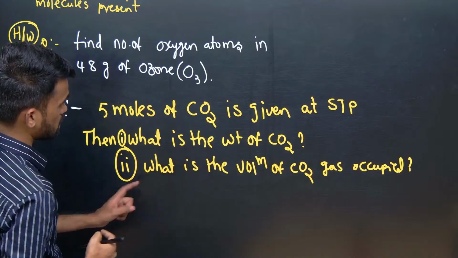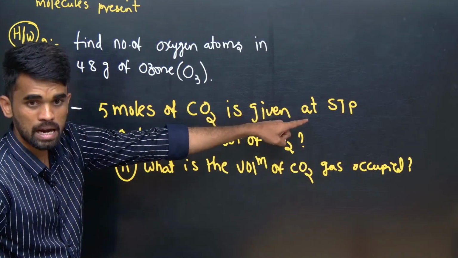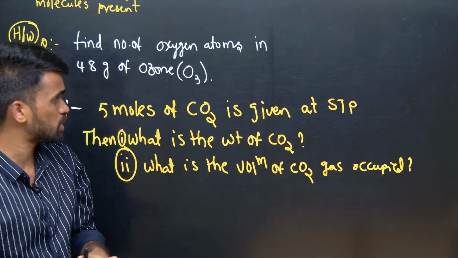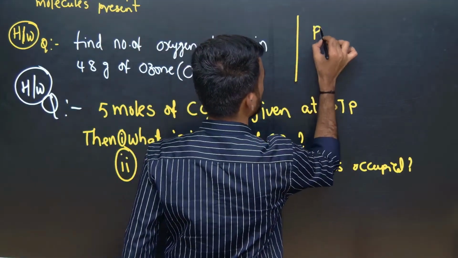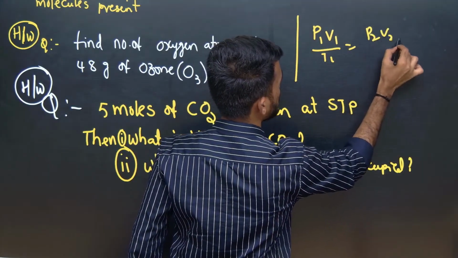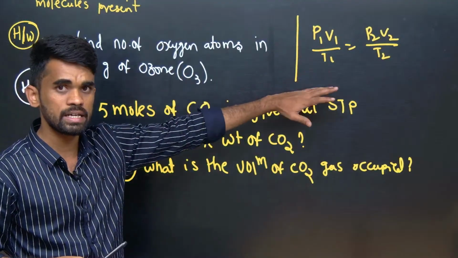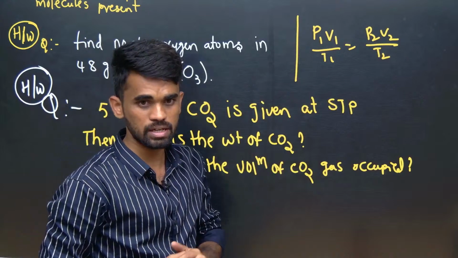Then next, what is the volume of gas occupied at STP, I already mentioned. Other than STP conditions, we have a different formula. There we need to use the ideal gas equation P1 V1 by T1 equals P2 V2 by T2. But this is not required here in the bridge course. We will do questions based on this in the upcoming daily sessions.